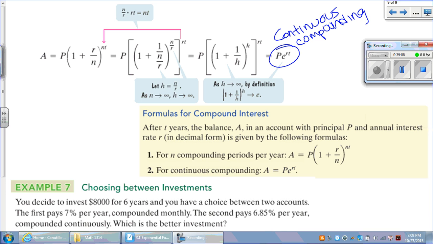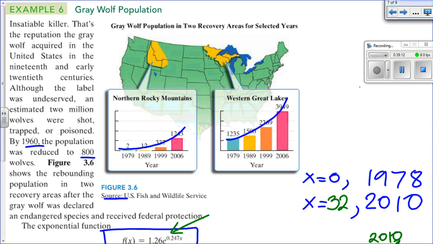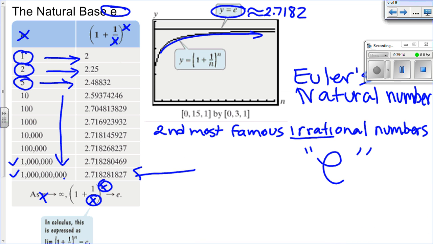For this formula, do you remember what we went over here? I did change the n for x's, but let's go back to n's. Does this formula look a little familiar? It kind of looks like the one from compound interest, the 1 plus r over n and so on.